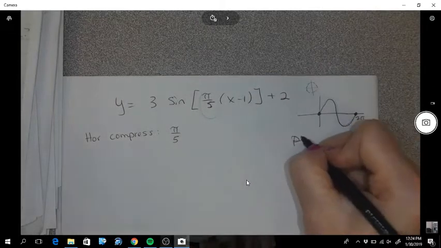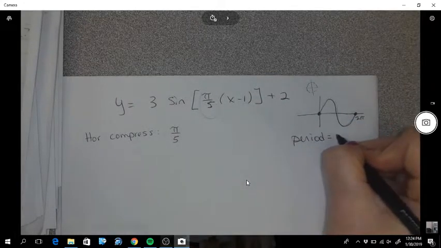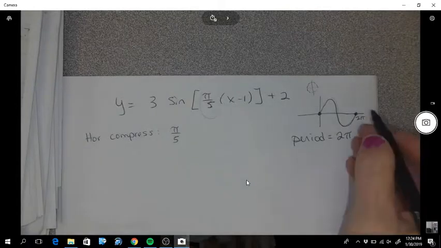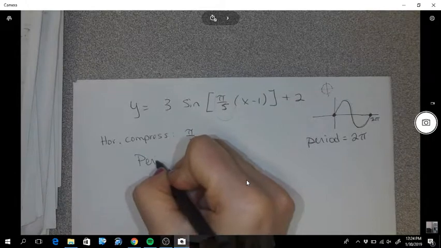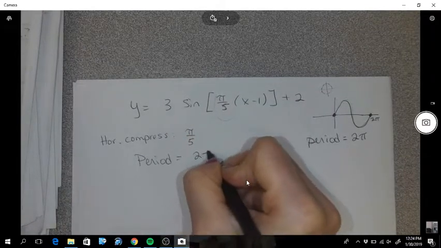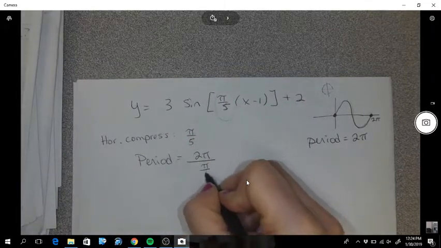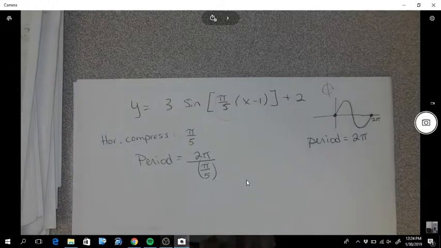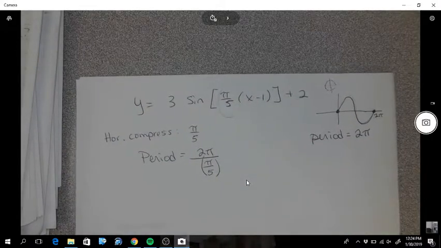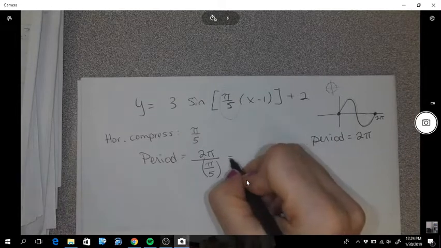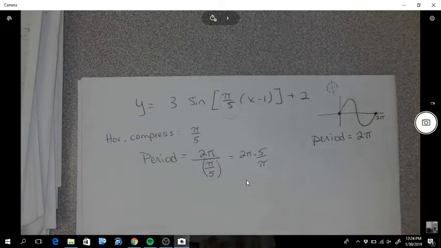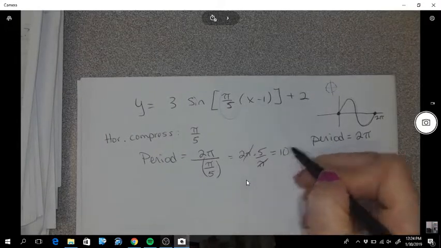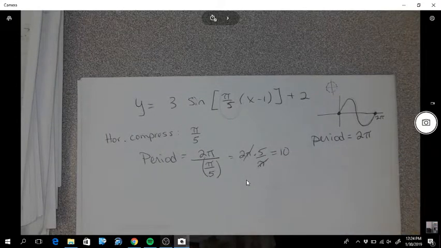So the period equals 2 pi, but on ours, the period is going to be 2 pi divided by the b, because it's going to compress how long it takes to make a whole cycle. So 2 pi, and then I'm going to multiply and flip. So then it takes 10 units to make a whole cycle.